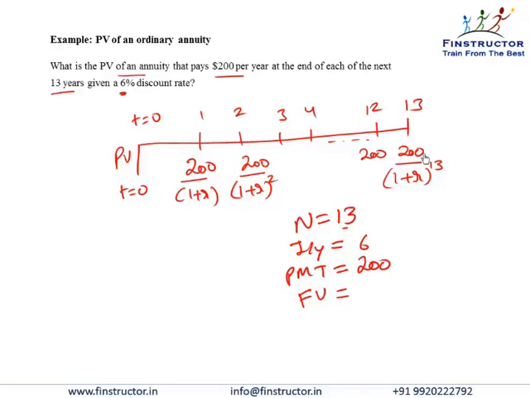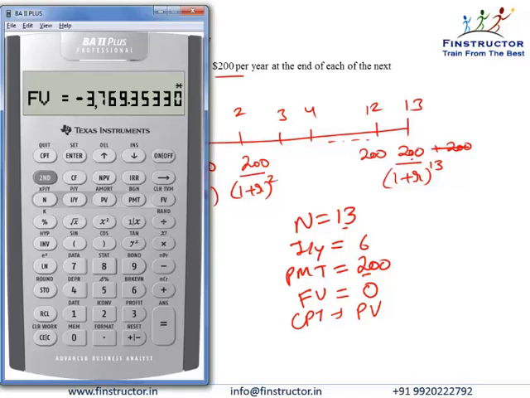I'm getting $200, but please note that I've already told the calculator about this 200 when I said PMT is 200. Calculator knows that there are 13 payments of 200 coming. So if you enter again 200, it will assume there is 200 plus 200 coming, which is not the case. So do not enter FV as 200, enter it as 0, and then press the button compute and PV to get to your present value.